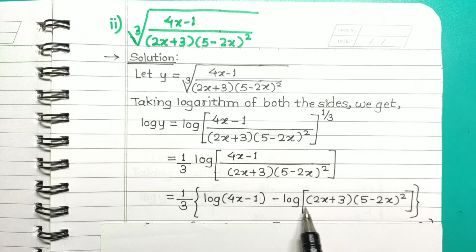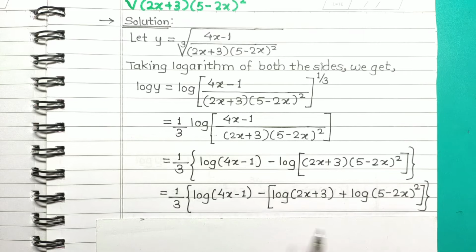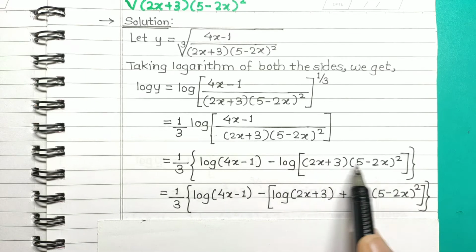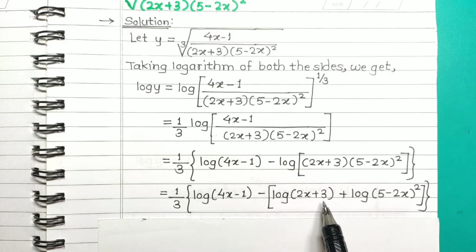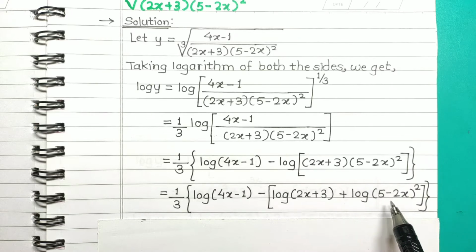Now see here, in this logarithmic term it is a product. So using product law, we can split this function. So we have, see, 1 by 3 into log of 4x minus 1 minus, let's split this logarithmic term using law of product. So we can write it as log of 2x plus 3 plus log of 5 minus 2x bracket square.